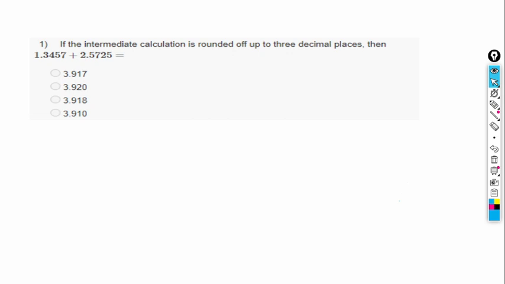Okay, so I hope everyone might have got it. So you just need to add both and round off what you get. So the value after rounding off 1.3457 and 2.5725 to 3 significant digits is 1.346, and the second, when you round it off, will be 2.572. Fine. So sum it up, what are you getting?